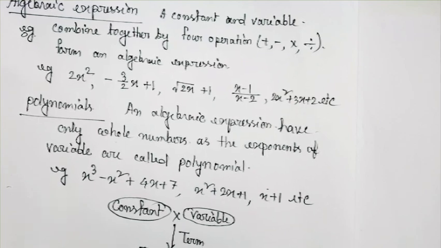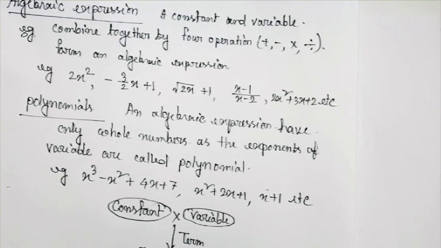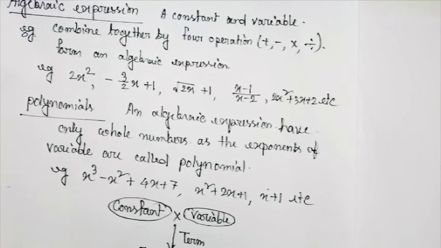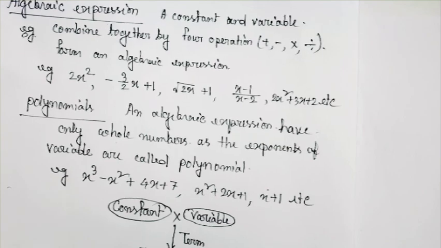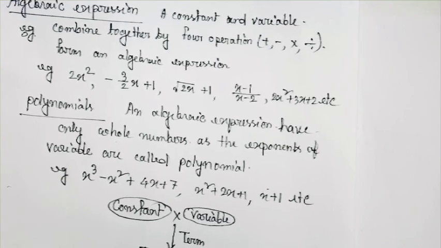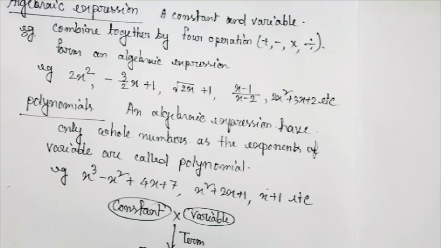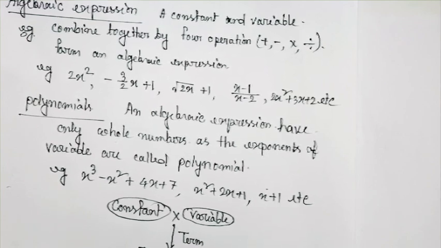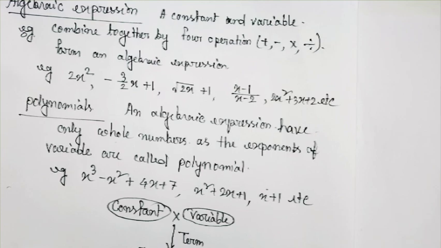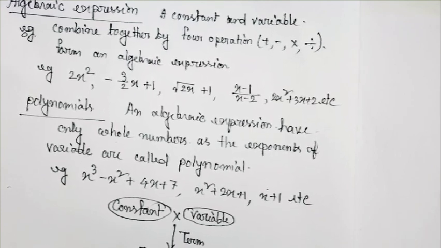Second, two terms form a binomial, and a polynomial having three terms is called a trinomial.